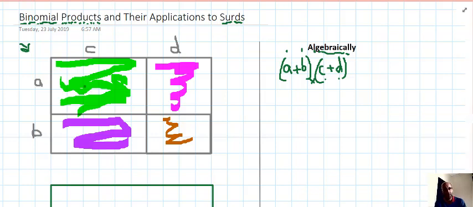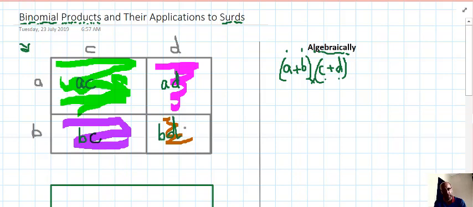So the first rectangle in green here, its area would be A times C, which I'm just going to write as AC. And then the one on the top right is AD. The one on the bottom left is BC. And the one in the bottom right is BD.